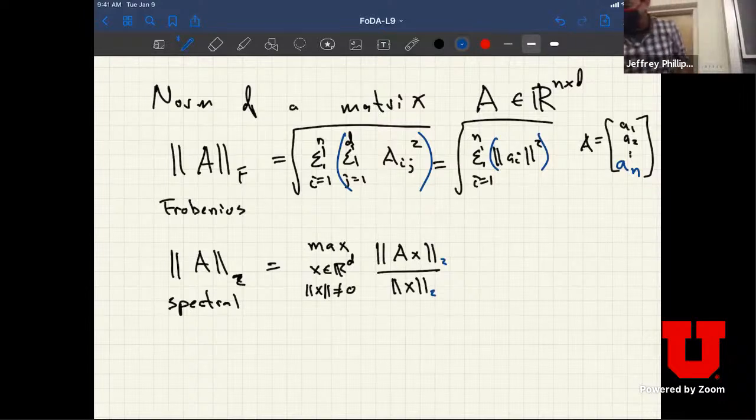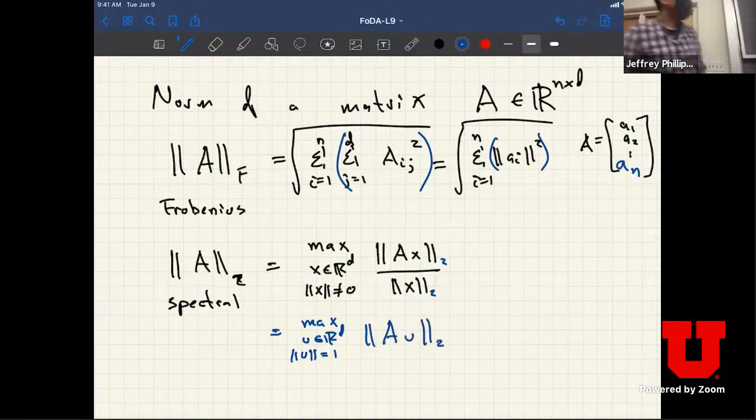I could also say the max over u in R^d such that the norm of u is equal to 1, and then I can just write this as Au, because then the length is 1, so this part cancels out. So I'm multiplying by any unit vector, and asking how big that can possibly be.